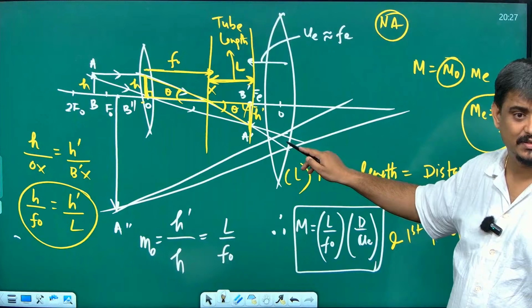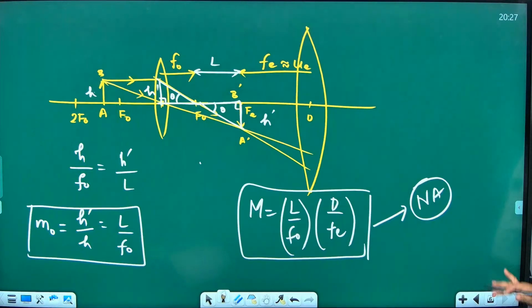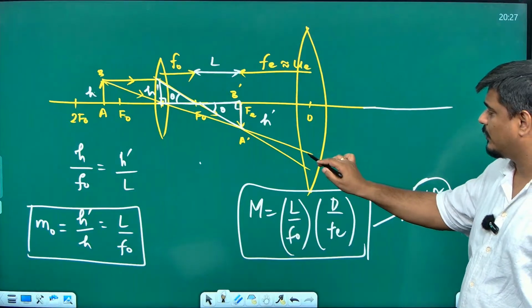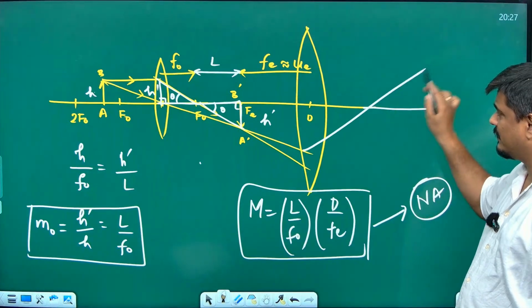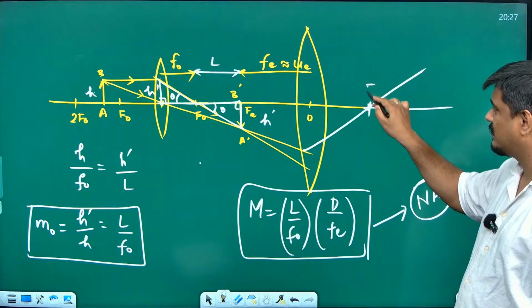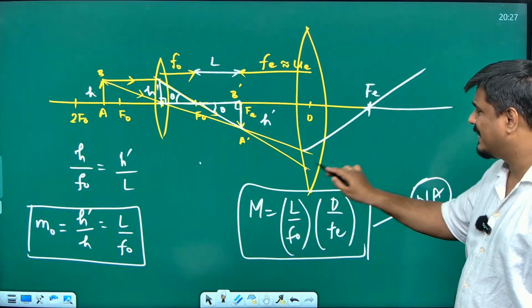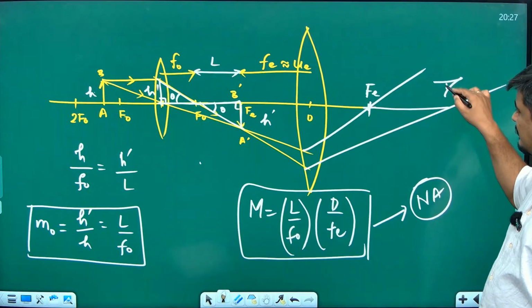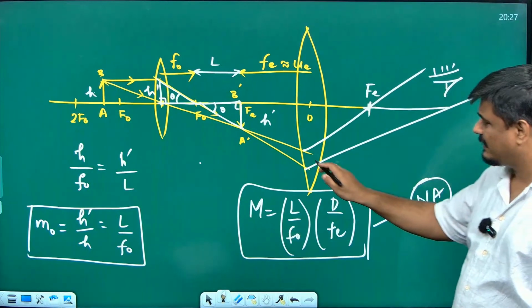For this you are saying. If you want, I'll do it once again here. So what they're doing after this step, they are drawing like this, obviously passing through the focus of the eyepiece, and the secondary ray randomly passing like this. And here they are keeping the eye. And then they're extending this.